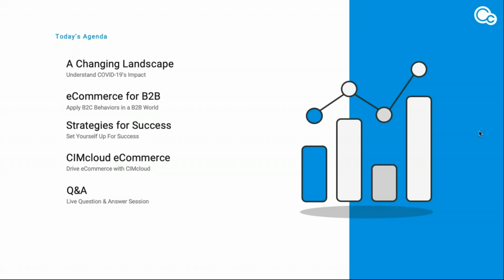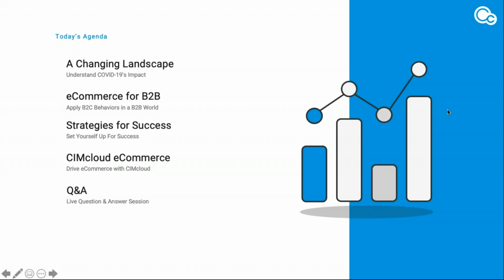We're going to dive into how B2C online behaviors are adapting in a B2B world, what that means for sellers on both the wholesale and distribution side as well as the retail side, and then walk through some strategies and things to look out for as you successfully deploy e-commerce solutions. Ultimately, we'll wrap up with how at CIMCloud we work with businesses like yourselves to deploy these solutions and get value on both the B2B and B2C side of your business.